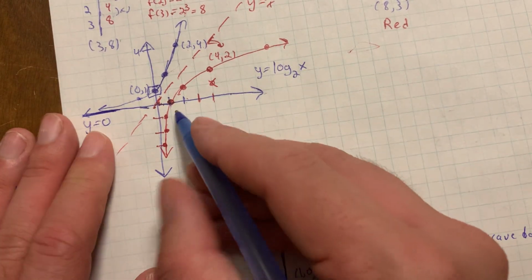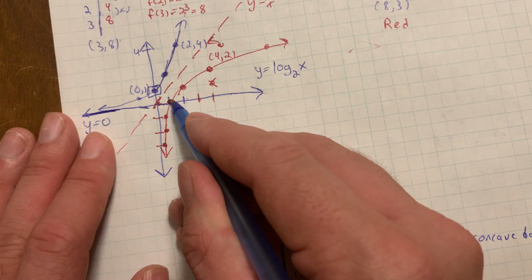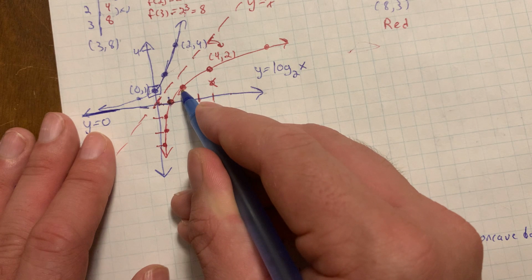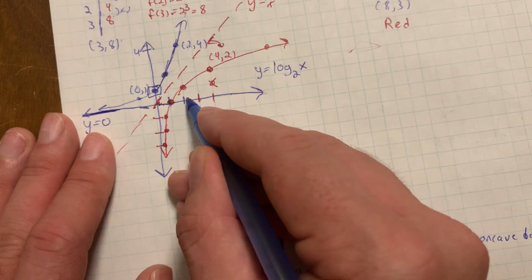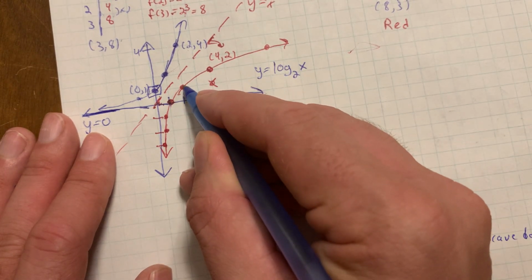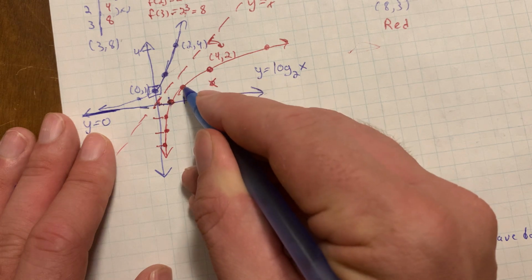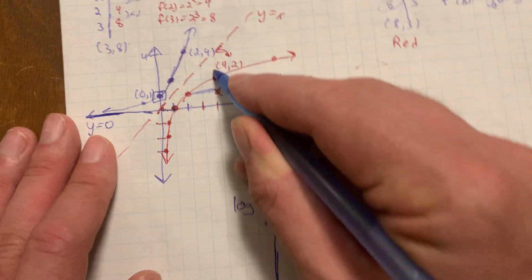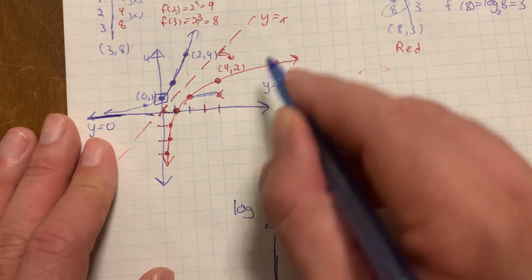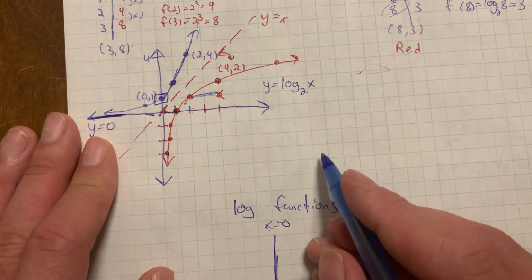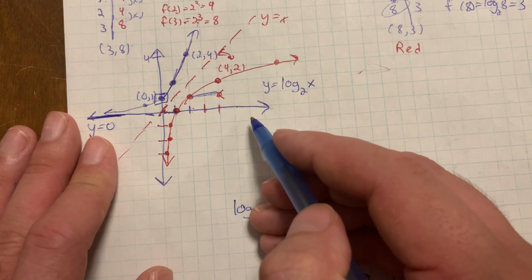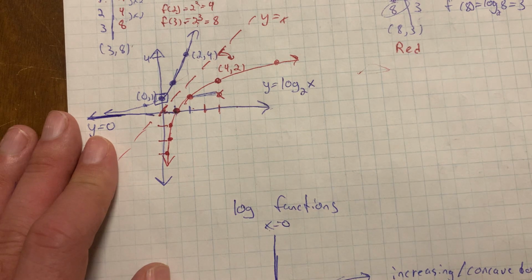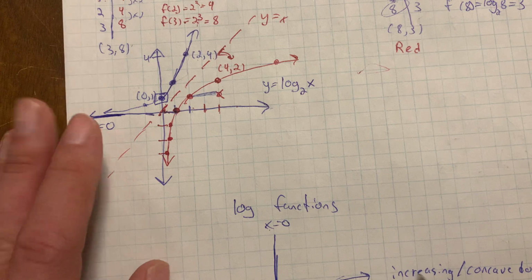For instance, in this function log base 2 of x, to go from y equals 0 to y equals 1, you only had to have x go over by 1. But then to go from y equals 1 to y equals 2, you had to go over by 2 spaces. To go from y equals 2 to y equals 3, you had to go over by 4 spaces. X had to increase by 4. To go up from y equals 9 to y equals 10, x has to go over by like 512 spaces.